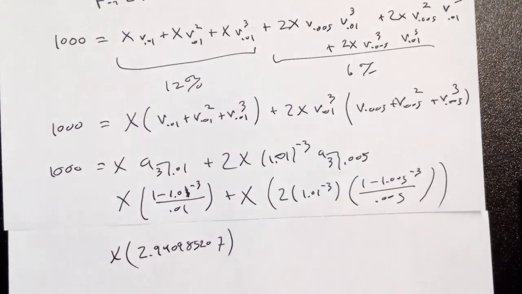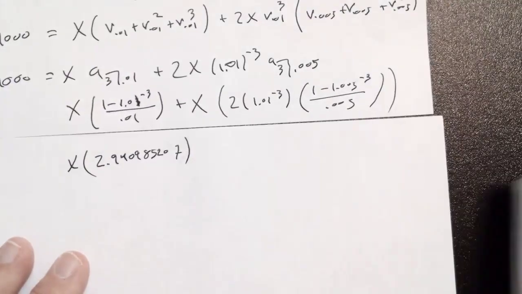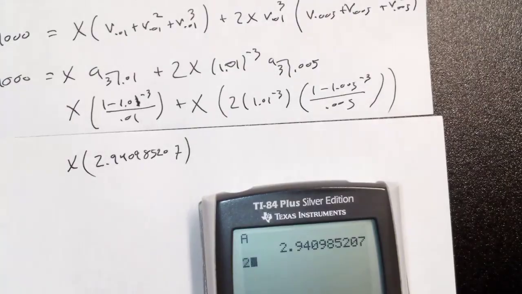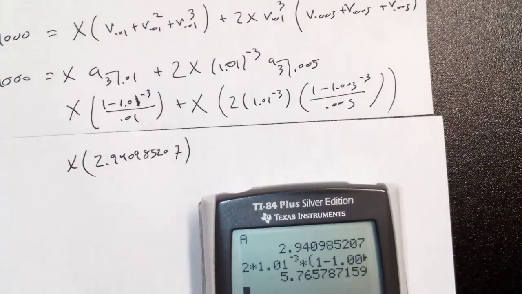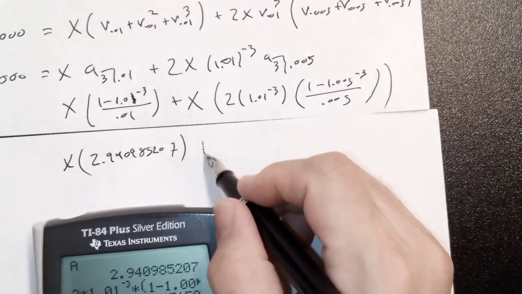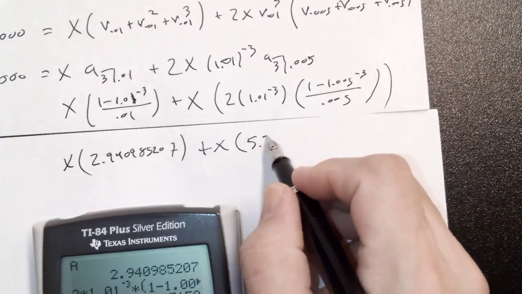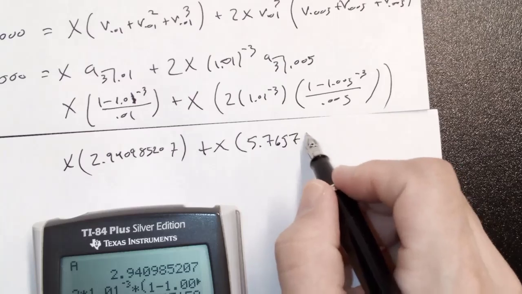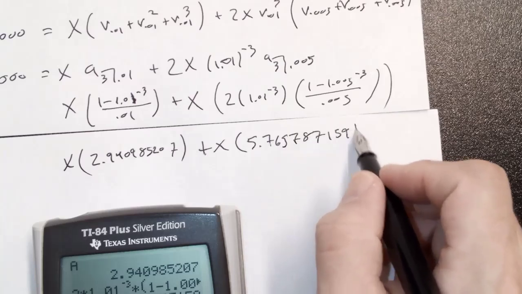So now I have to work out this number. Two times 1.01 to the negative third times 1 minus 1.005 to the negative third divided by 0.005. 5.7657871159.